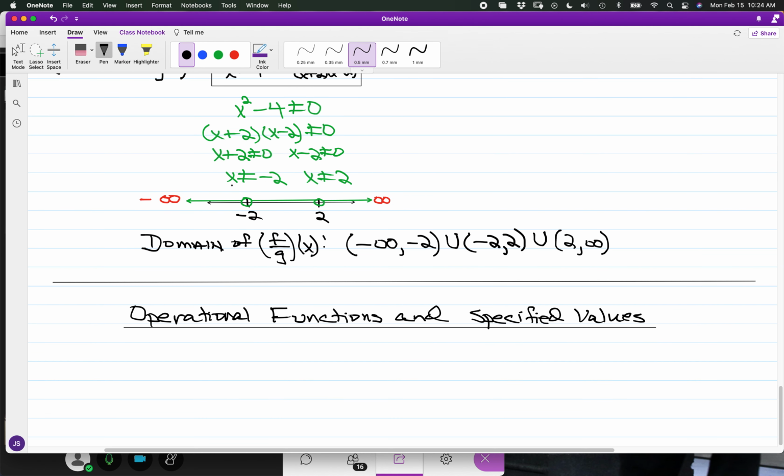Now say we are given f of x is equal to x plus 5, and we'll say we have g of x is equal to x minus 2.